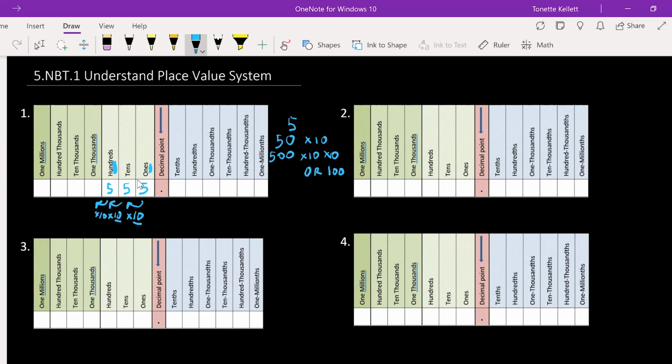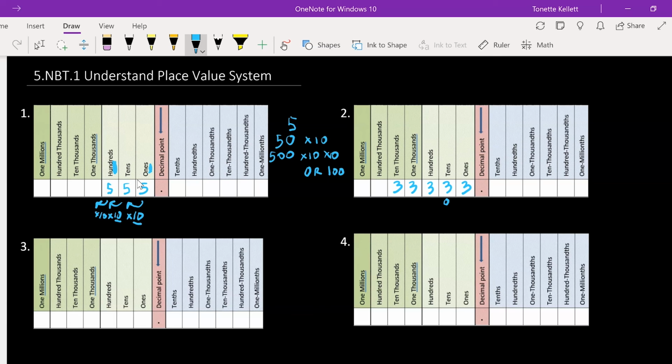Let's look at another one. Let's fill in a couple of these places, all with the same digit. Let's fill it in with 3s. All right, so 3 ones is just 3, but 3 tens would be 30.